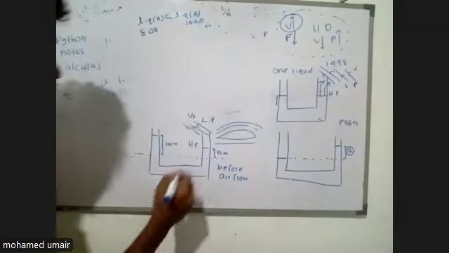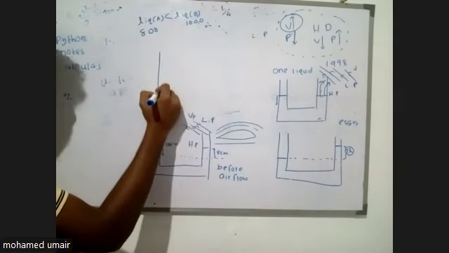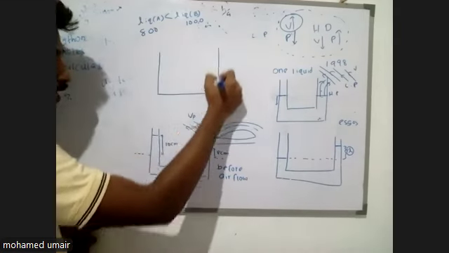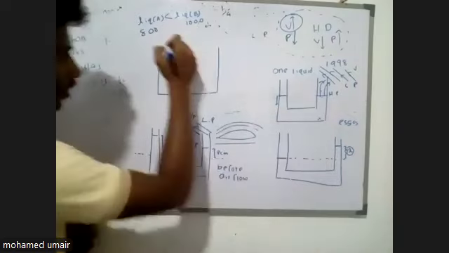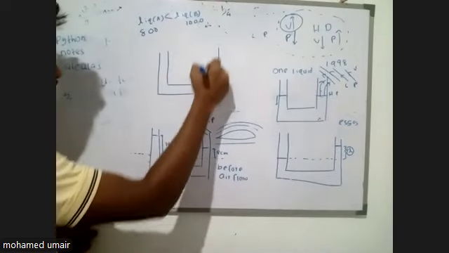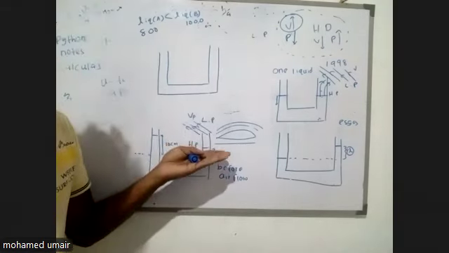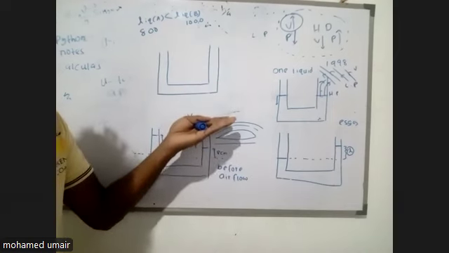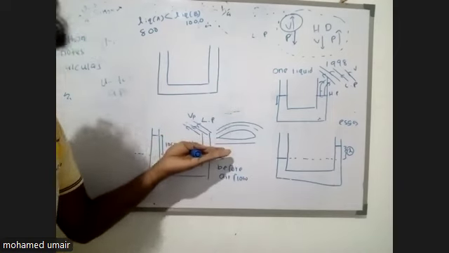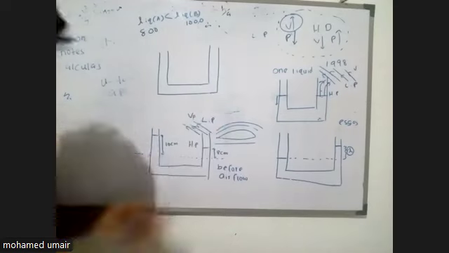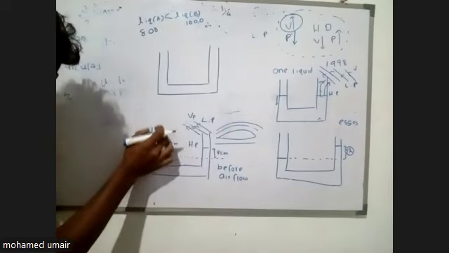Now, as we know the basic theory, this won't remain the same. Because of this low pressure zone, this part starts rising upward, and there will be a small drop in here.